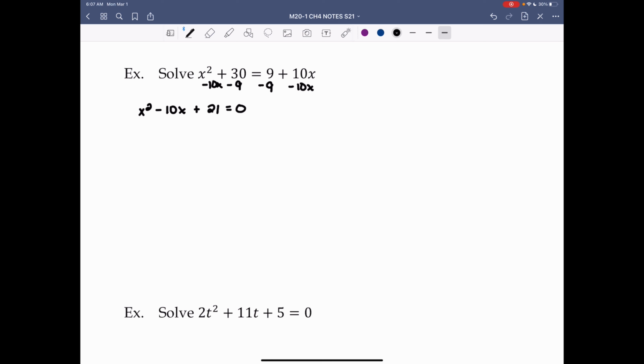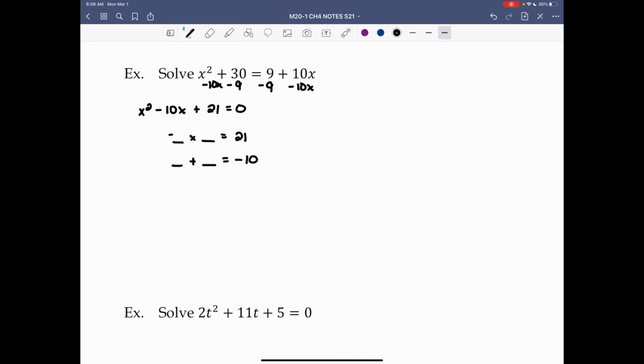Look for a common factor in x squared, negative 10x, and 21. There's no common factor. This is a basic trinomial, again, because we have a 1 in front of x squared. So find two numbers that multiply to 21 and add to negative 10.